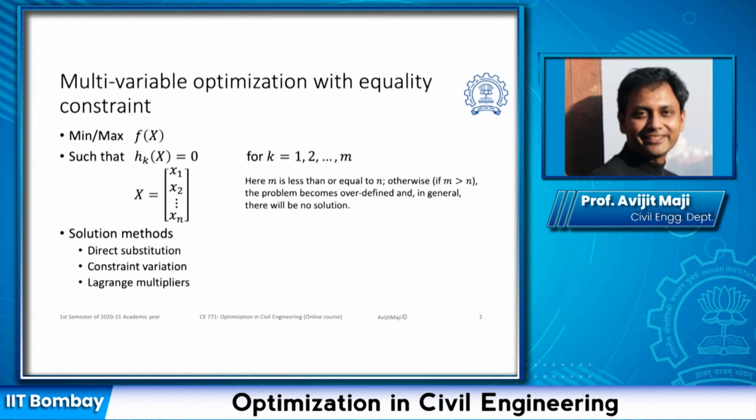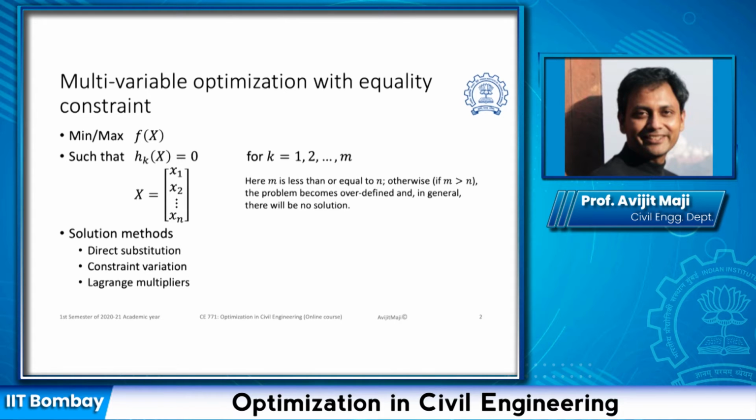However, if the number of constraints is more than the number of variables, then the problem is overdefined and it is difficult to have a solution.